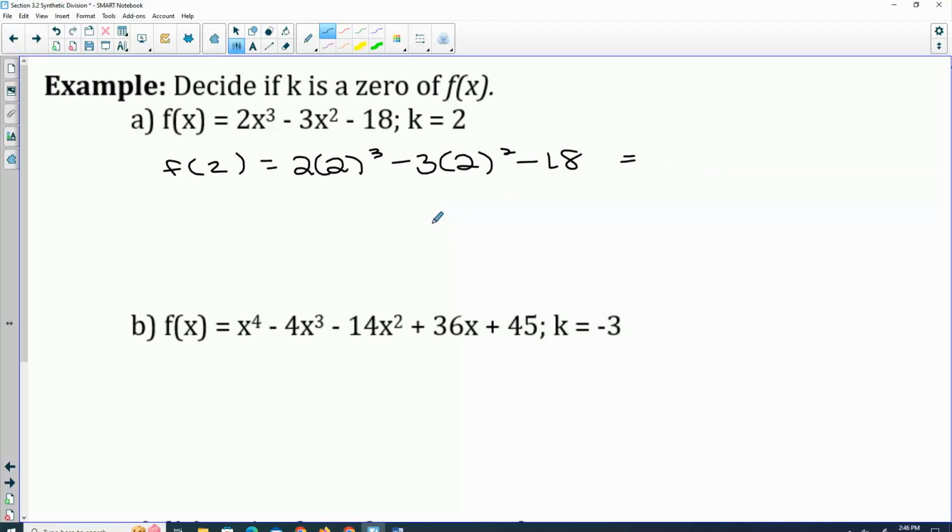What did you get? -8. Right. -14. So that means if I were to divide this, my remainder is -14. So is it a 0? No.